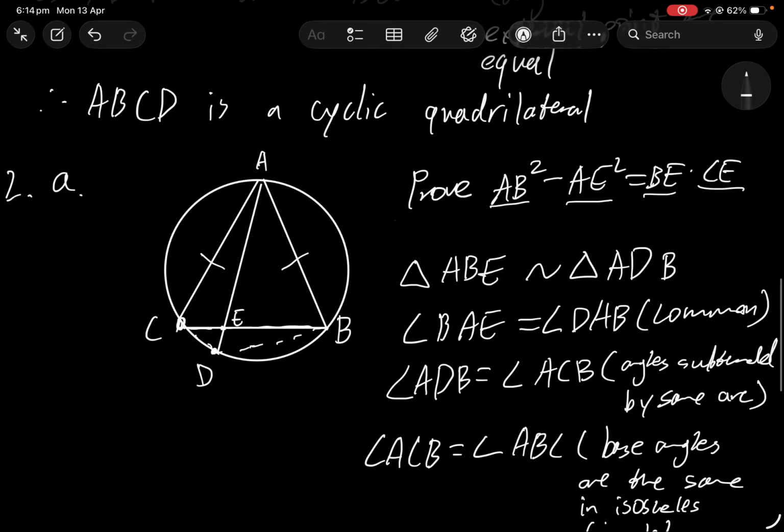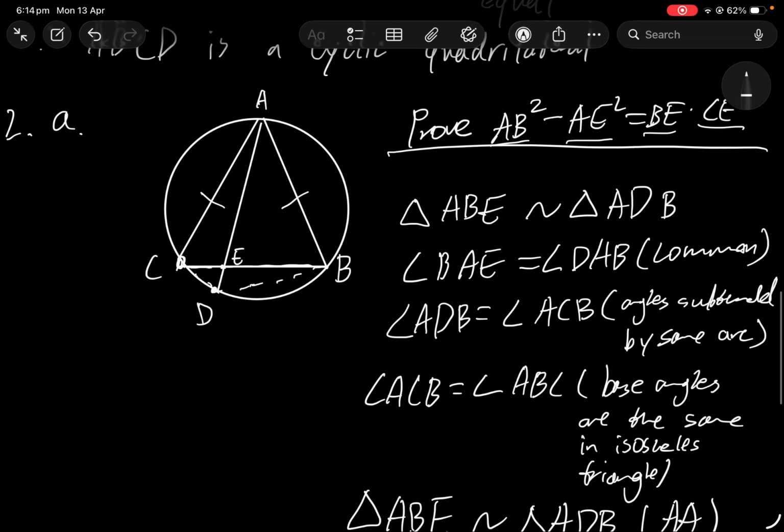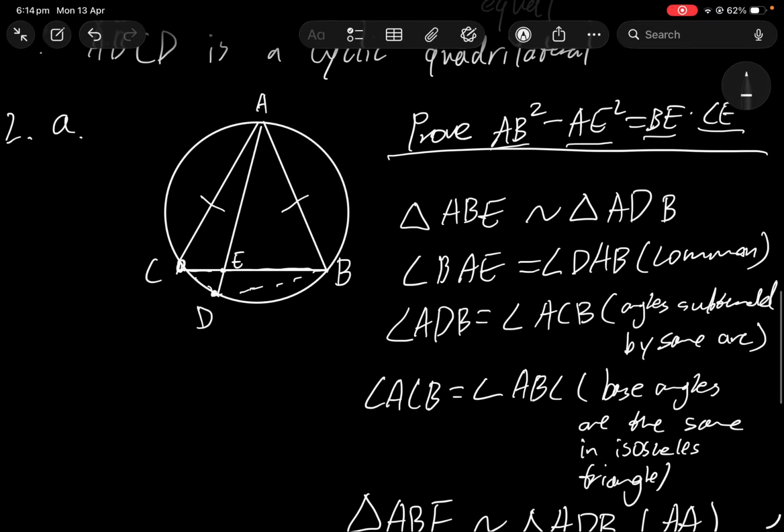So we're gonna go back to this equation and see what we can do to make it like that. So basically, this one equals that one. So then we can start with ratios. Because AB is squared and it's bigger than AE, we can start with AB, right?